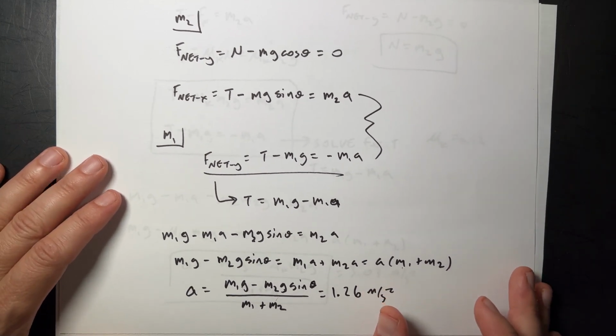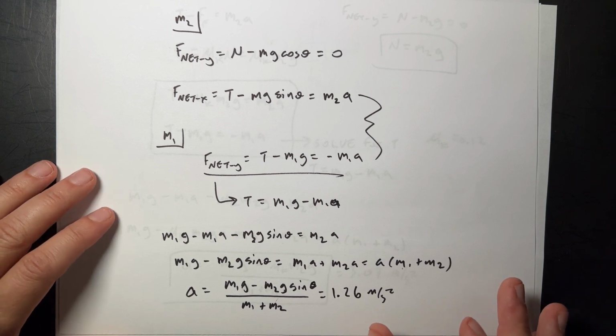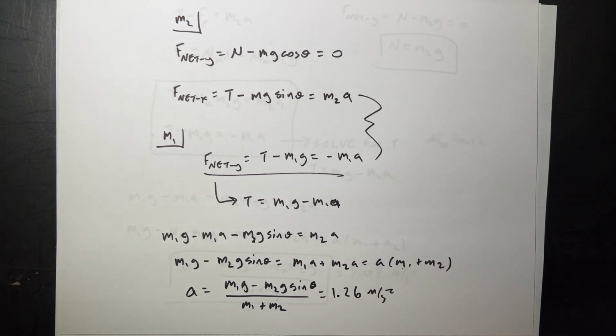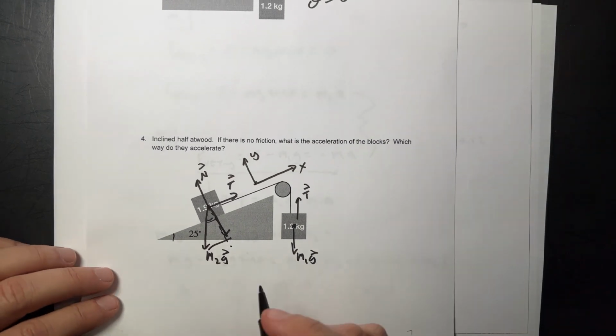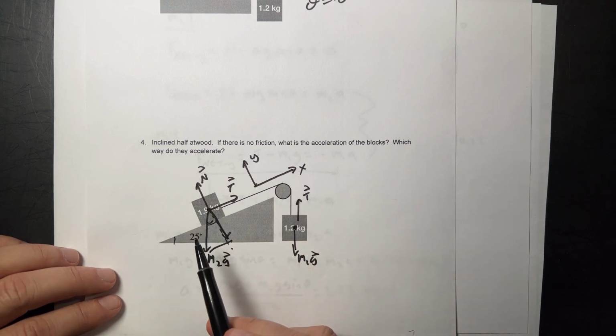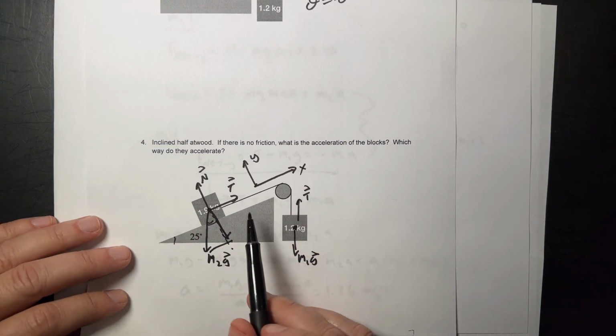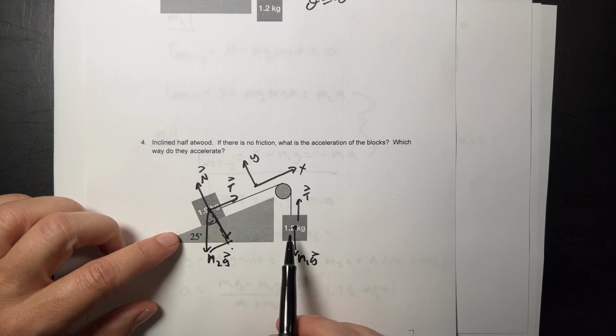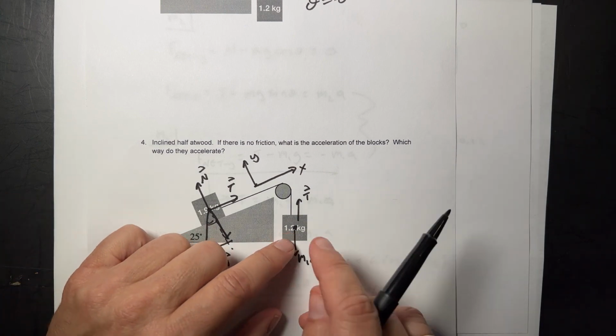Now, if you're a physics instructor, teacher, faculty, whatever, and you're making physics problems, this is the problem. I'm just telling you because I've made this mistake. If you want an inclined half Atwood machine, work out the problem beforehand. It is possible that you could have it going down here, and that's not too bad because in this case, if I got an acceleration of negative, it just means I picked wrong, and that's fine.